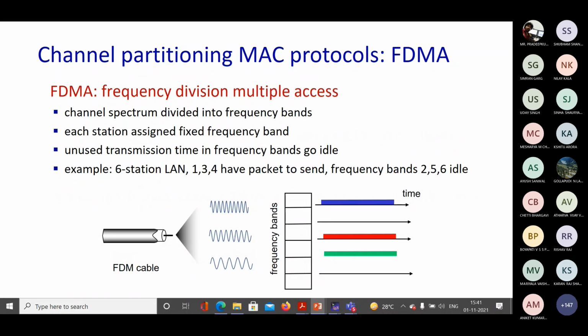Those slots are not being used, leading to poor resource management, because we have a limited amount of resource. So we should have better channel access protocols, so that maximum utilization of the given resource can be done, and the maximum number of hosts present can also transfer their data.